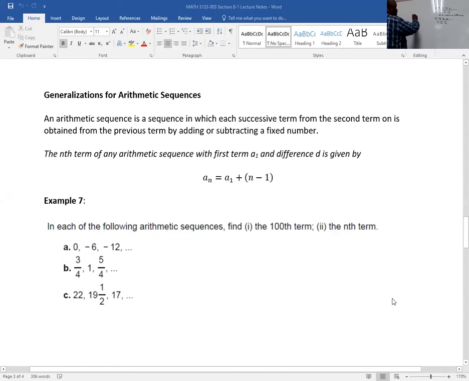I can't believe I left that off. But a sub n is equal to a sub 1 plus n minus 1 times D. So it should be a D right behind that n minus 1.